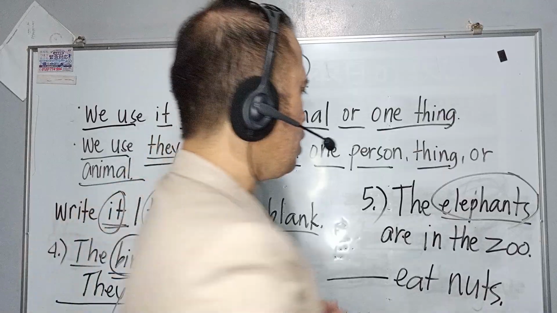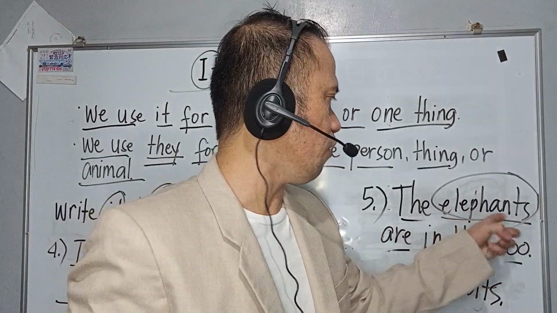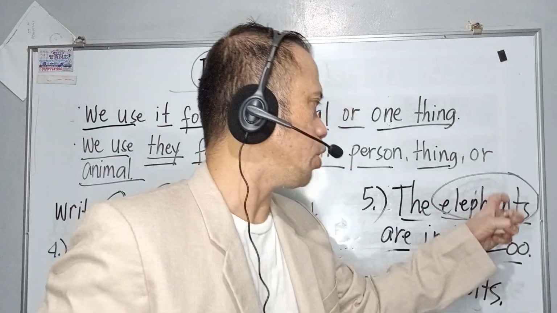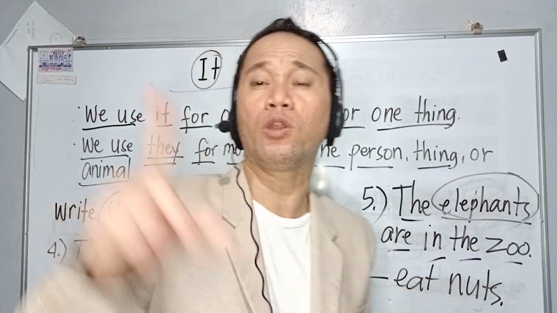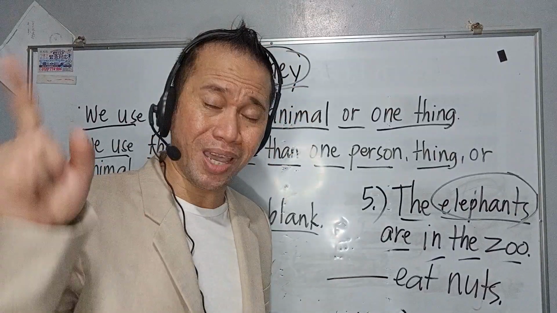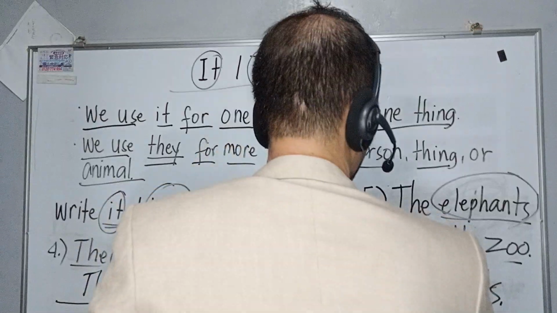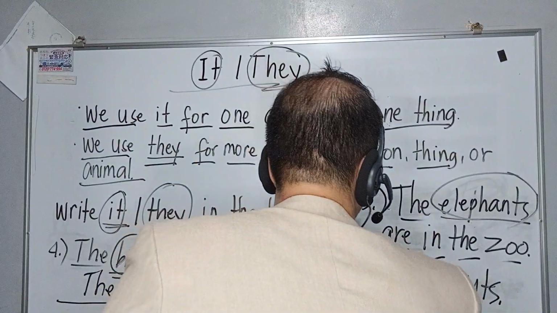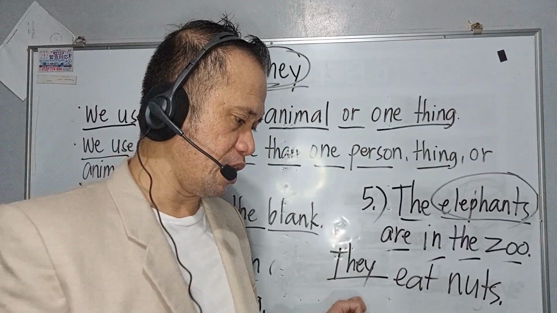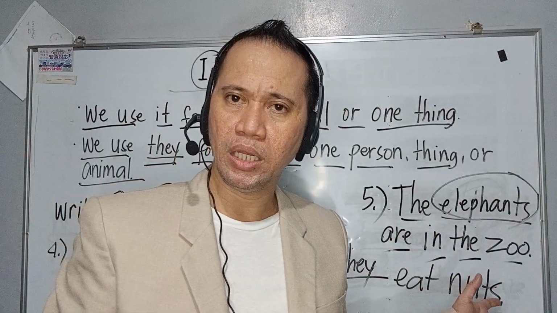So now, class, the elephants are in the zoo. When we say elephants, it refers to a number of animals. That means we're not talking about only one, but more than one. That is why we need to use, is it or they? Okay, we're going to use they, just because elephants are plural.